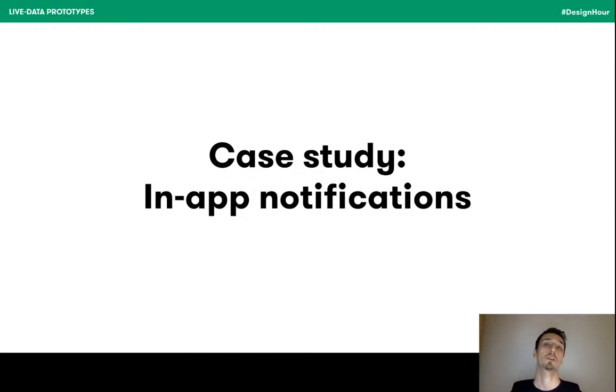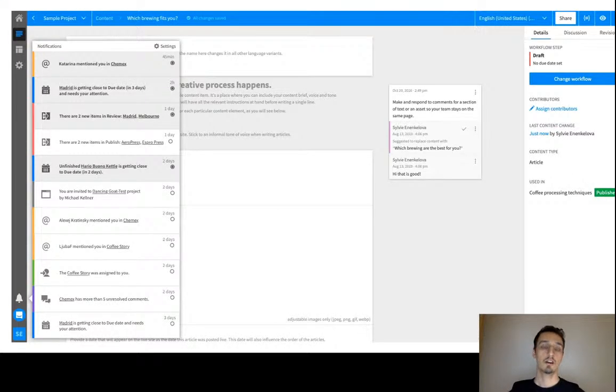That was when we were designing in-app notifications for the product. Initially, my colleague who was designing this before I joined her made this mock-up of how in-app notifications were supposed to work in the product, and you can see that here we have a notification panel with all these different notifications, and you can do some things with them like mark them as unread.